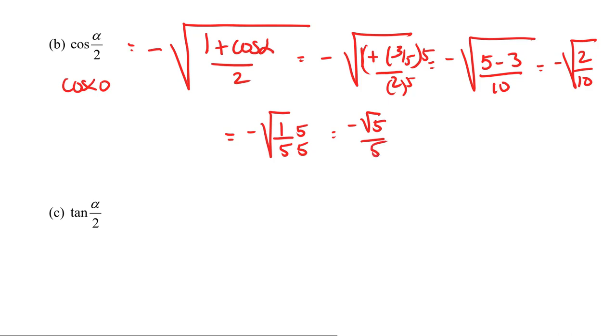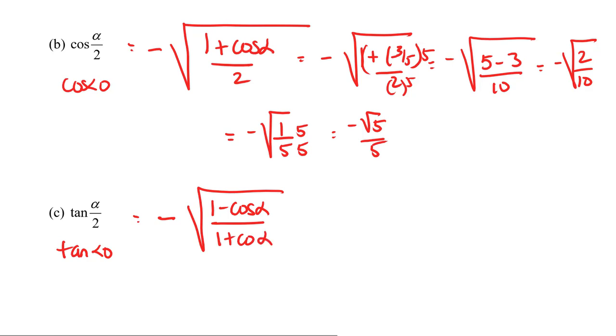And then finally, the tangent of alpha over 2 in quadrant 2. Tangent is negative, so this will be the negative of the square root of 1 minus cosine alpha over 1 plus cosine alpha. Now, since the cosine of alpha is negative, 1 minus a negative makes this 1 plus 3/5 over 1 minus 3/5.